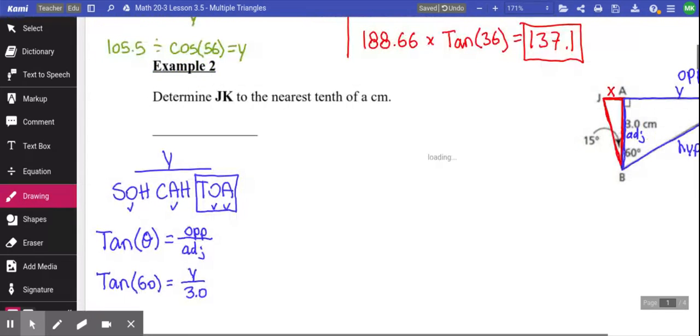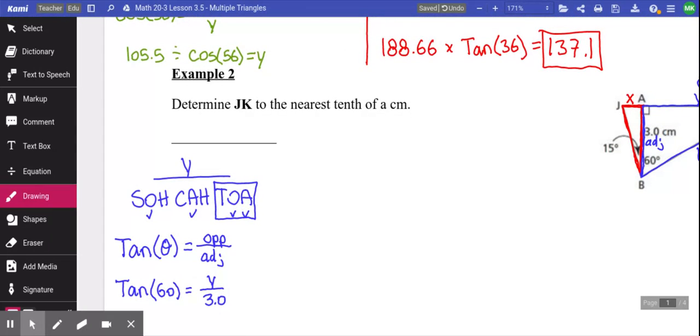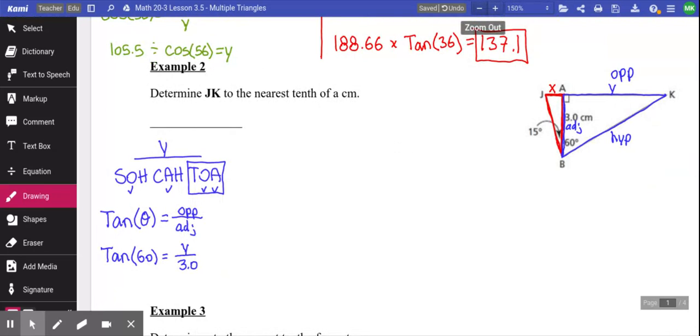My trick is I like to write the number first. So I'm going to write 3.0. And then I decide multiply or divide. Do I want to multiply or do I want to divide?